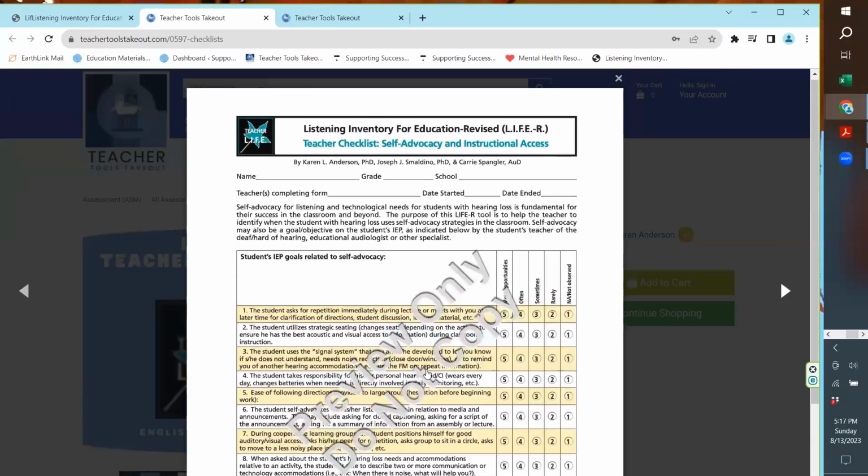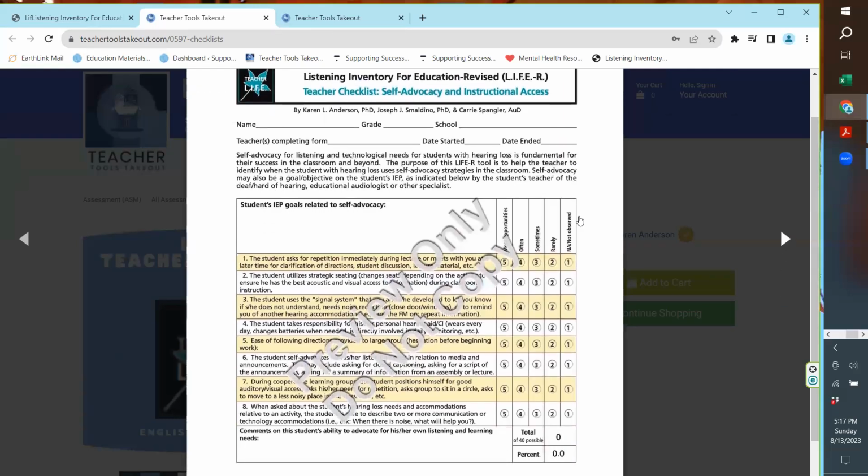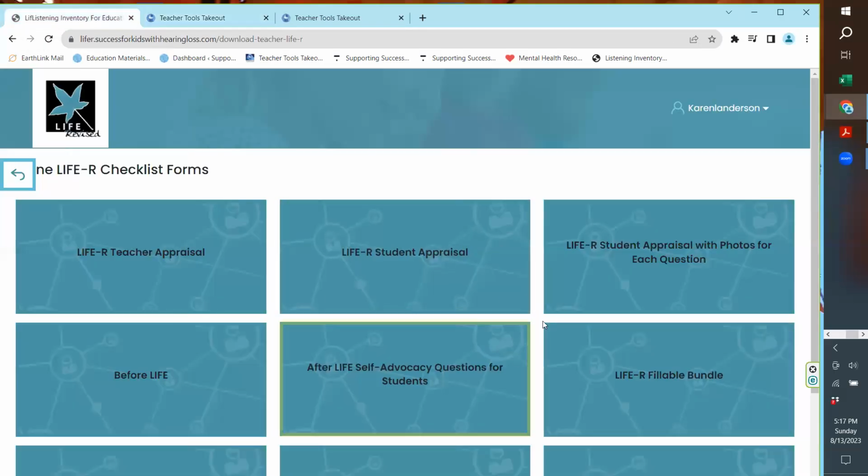And then the second page takes more thinking by teachers, and it asks about self-advocacy and instructional access. And even just filling out this particular page starts to create the idea of, oh yeah, there are some challenges here, and there are some things that student can do.